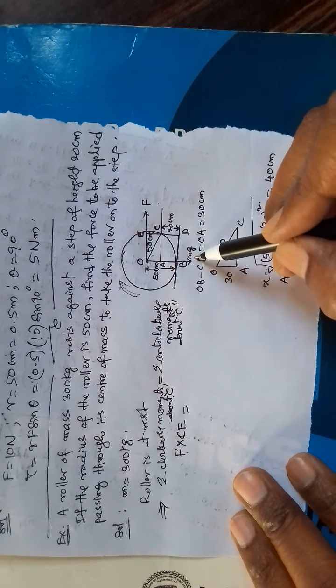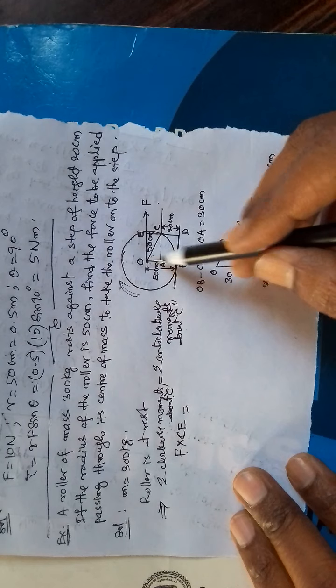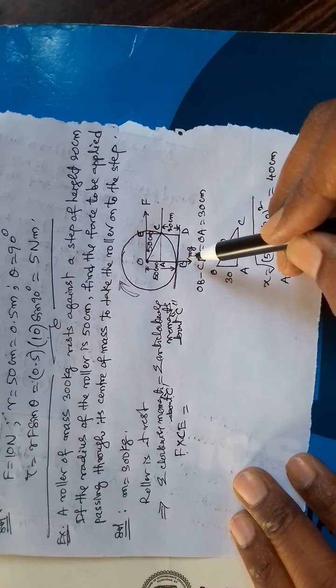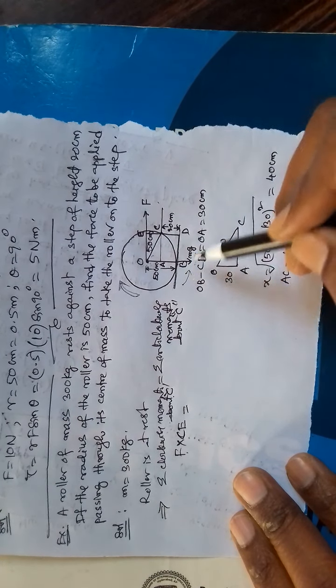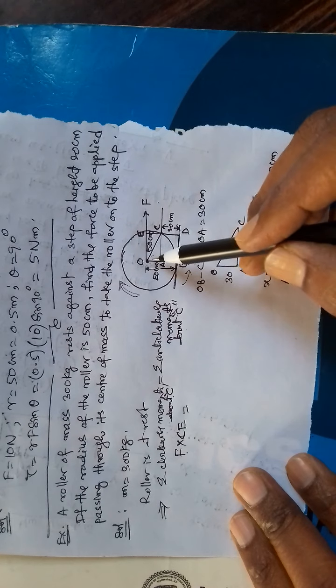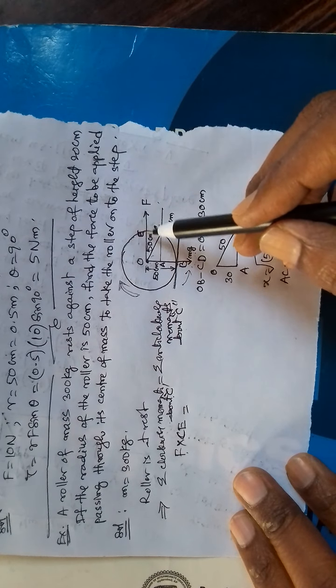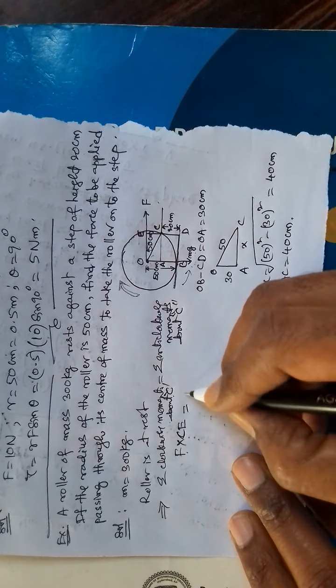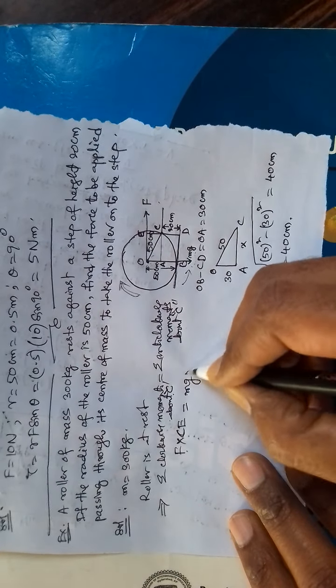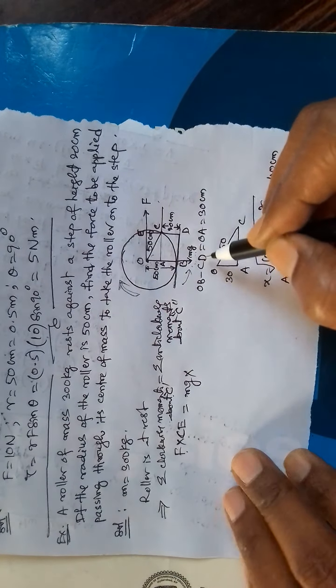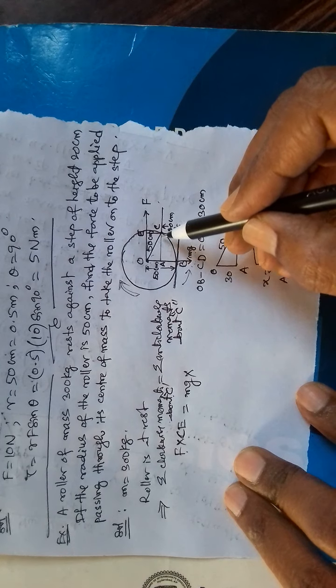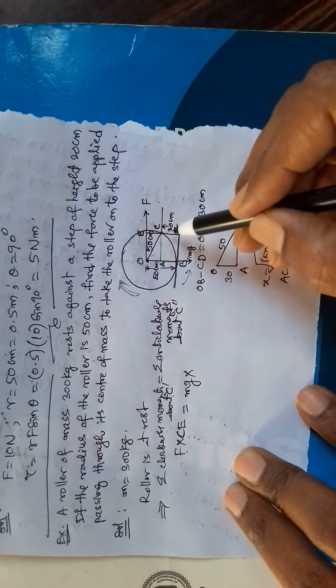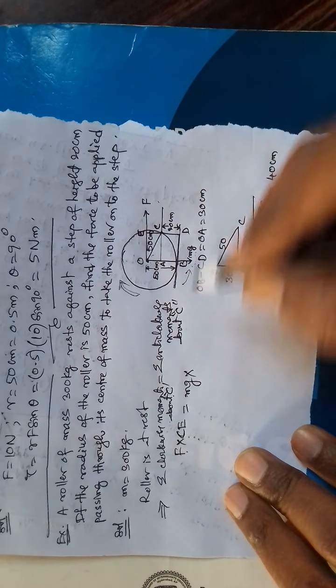See, this gravitational force is there. Gravitational force provides anti-clockwise moment. Again, force into perpendicular distance. See, the force mg is vertically downwards and the perpendicular distance is CA.